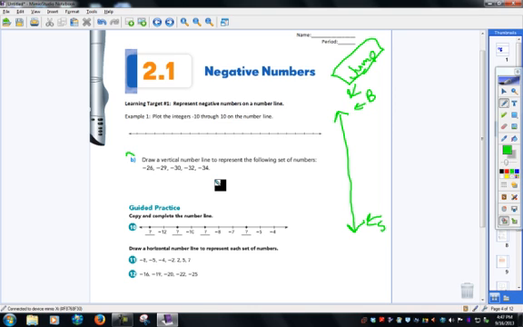Okay, so now we're going to draw a number line to represent these numbers. Well, they're already greatest to least. Now you got to remember, think about your number line. So if here was 0, the more I go this way, guys, the smaller the number gets. So if I were at 0, which one of these numbers would I see first on my number line?